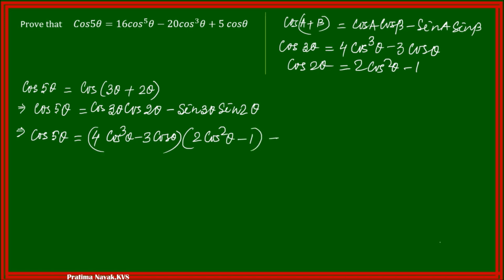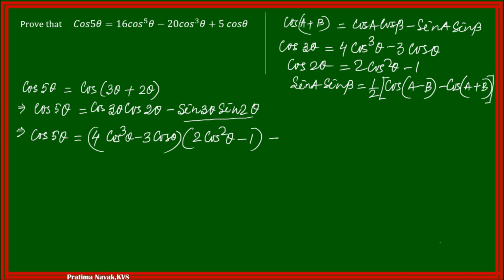Next is your sin 3 theta sin 2 theta. For this, sin A sin B, will again put the formula, that is half of cos A minus B minus cos A plus B. So if you can remember or recall these formulas, this question is not difficult. So here it will be half of cos A minus B, so 3 theta minus 2 theta, minus cos 3 theta plus 2 theta.